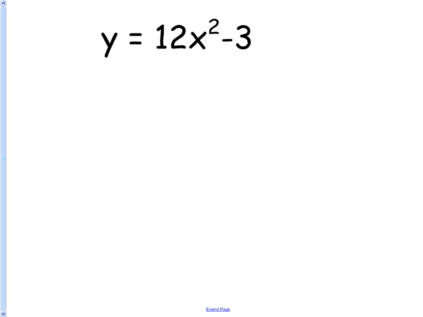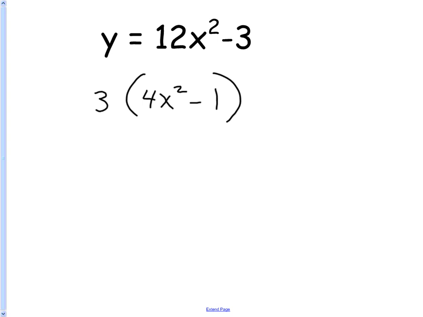Is it a difference of squares right off the bat? No, but it will be. Solve it. Okay. Did you factor out a 3? And what were you left with? 4x squared minus 1. And I bet you some people stopped there, but they were wrong.